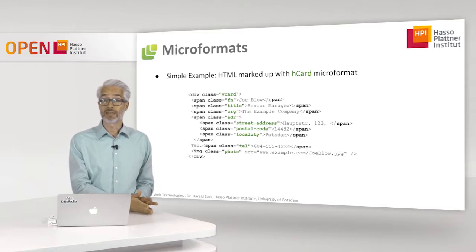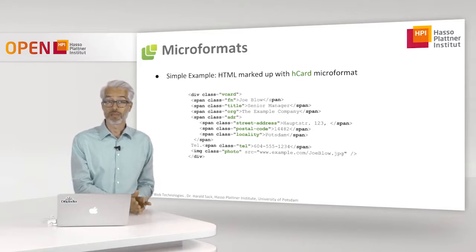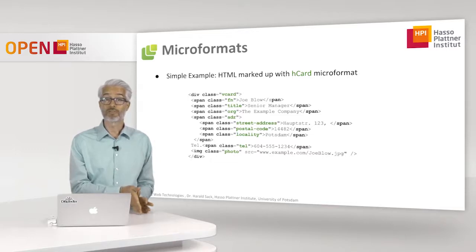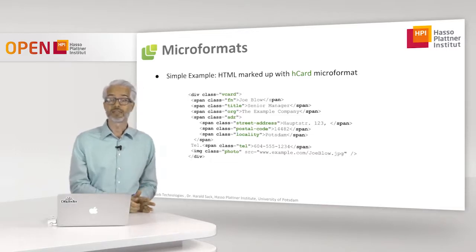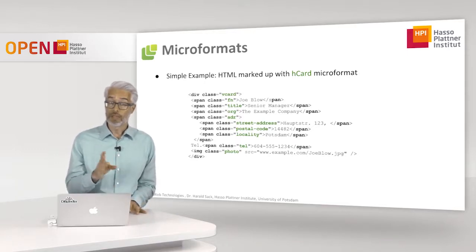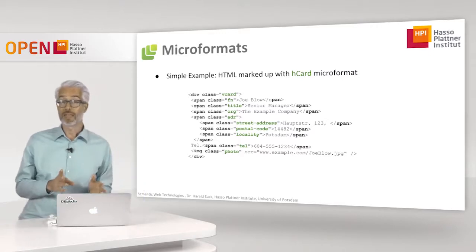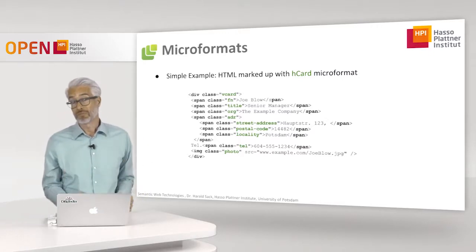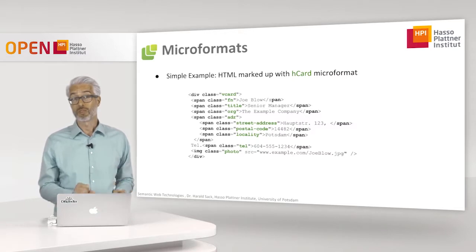And on the other hand, if you change your HTML document, you do it exactly at the place where also the definition of the microformat data is. So this is, of course, a nice thing. But keep in mind, microformats only exist for a rather small number of things or specifications.